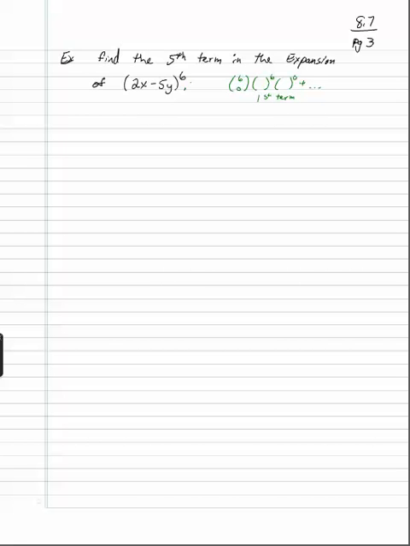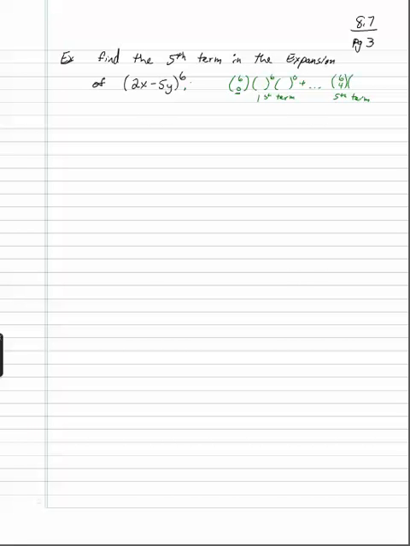So remember, if I want the 5th term, this number on the bottom is going to be 1 less. So the 5th term is going to be 6 choose 4.